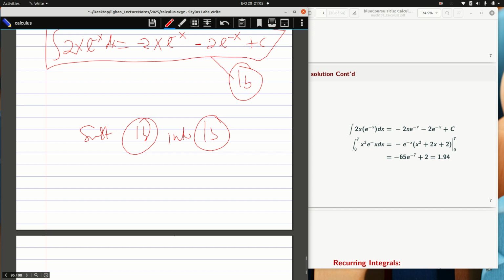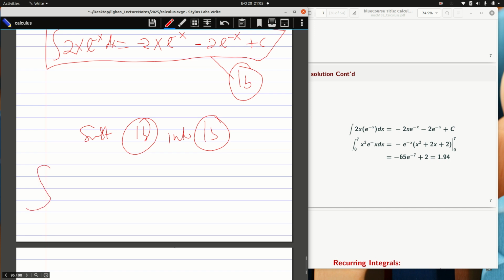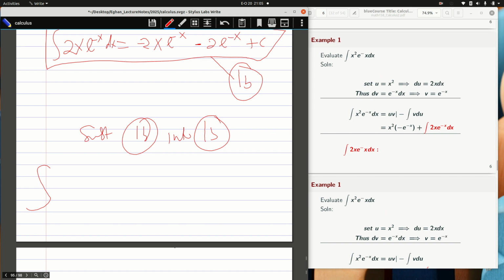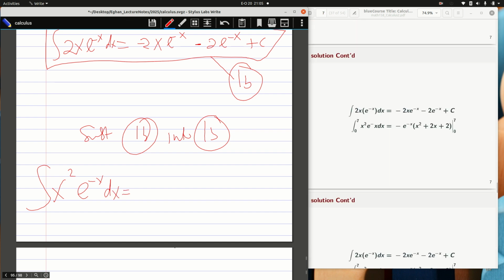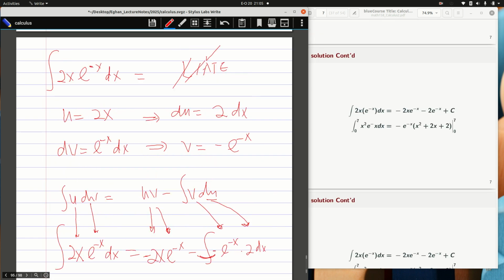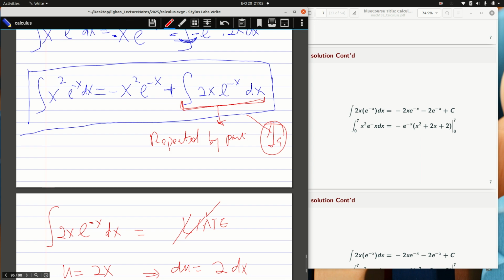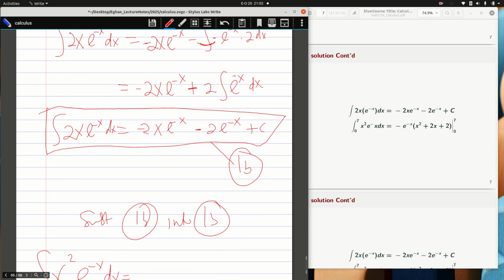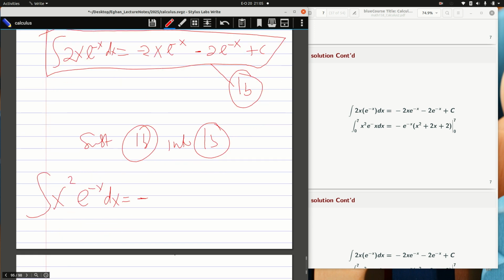It means that the initial integration, which was the integral of x squared e to the negative x dx, is equal to the first part of the equation we had, negative x squared e to the negative x, plus everything here.